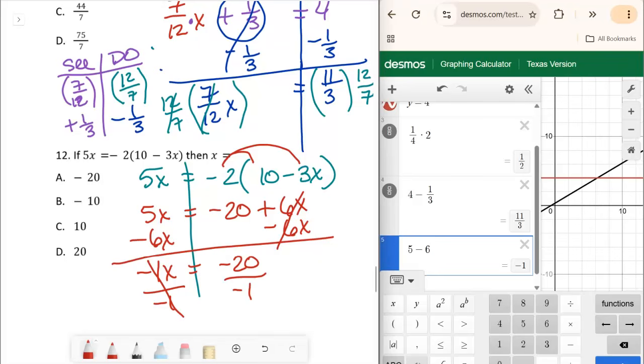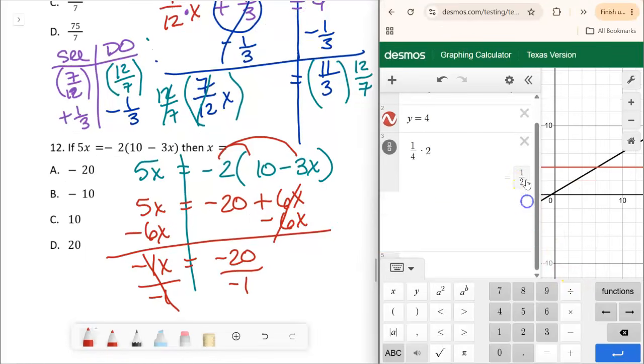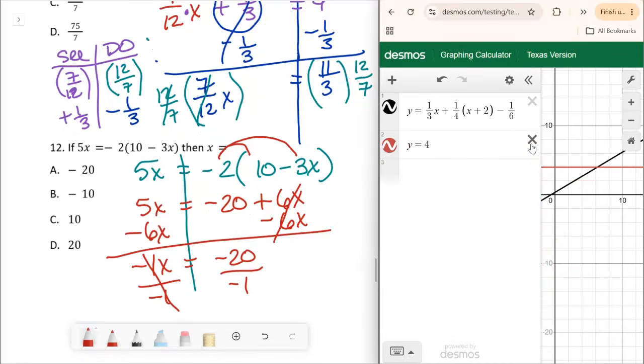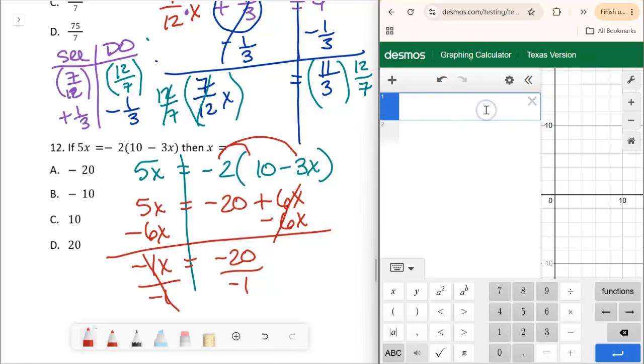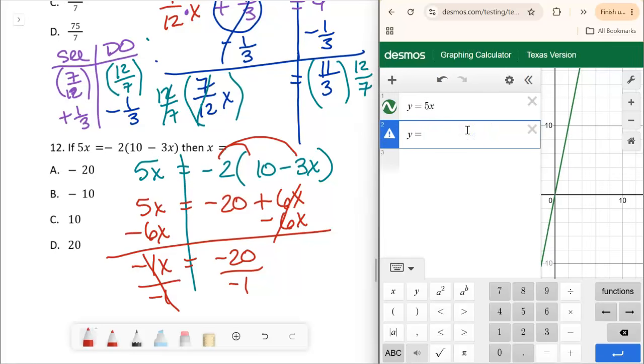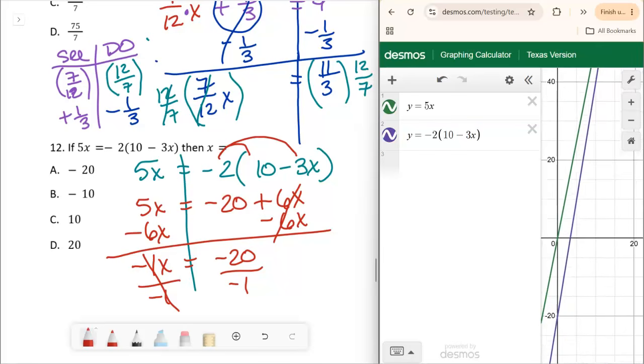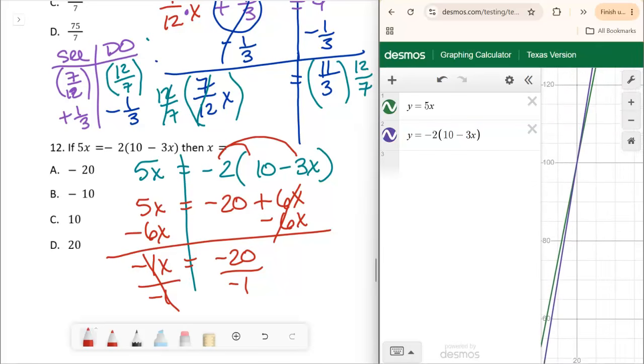You can also type them in y equals. y equals 5x, and then the other one is y equals negative 2 parentheses 10 minus 3x close parentheses, and go see where they cross. Okay, and that will be your answer.